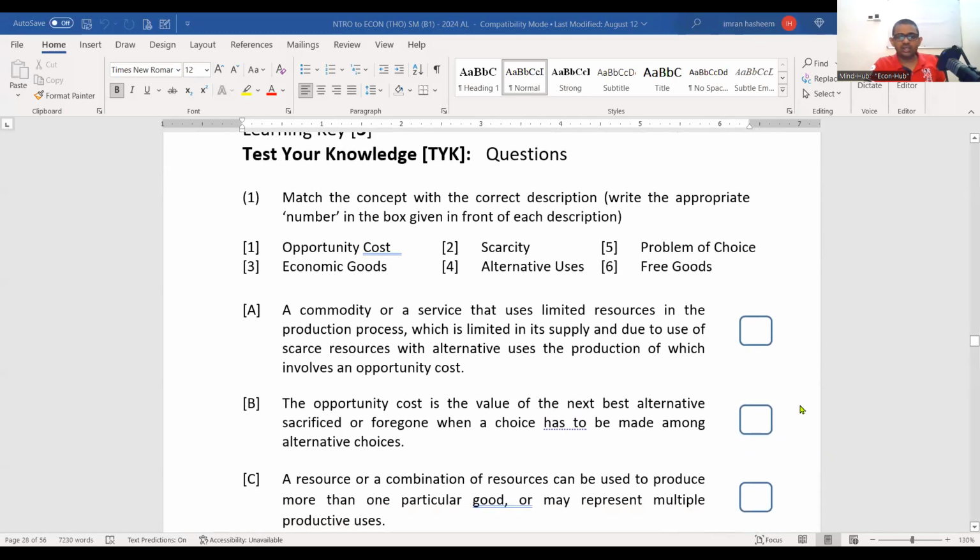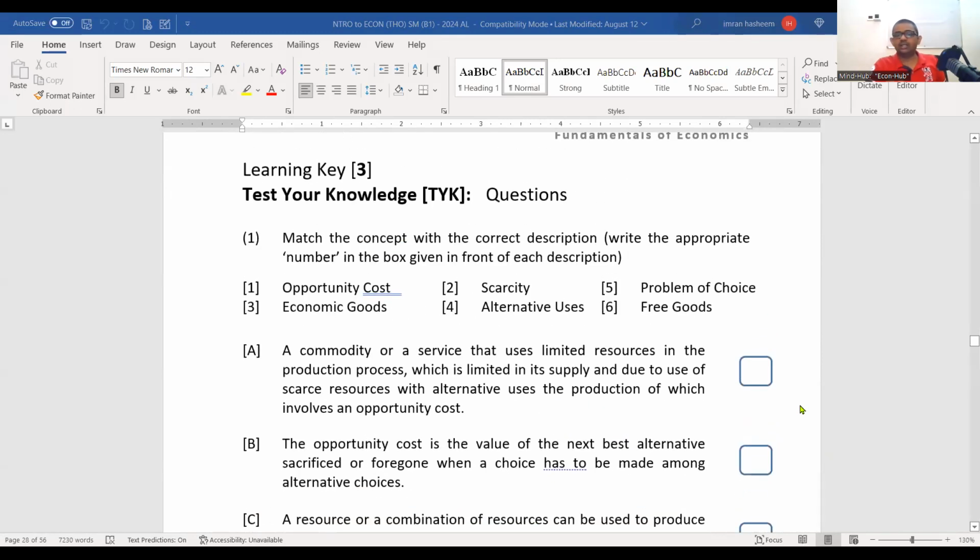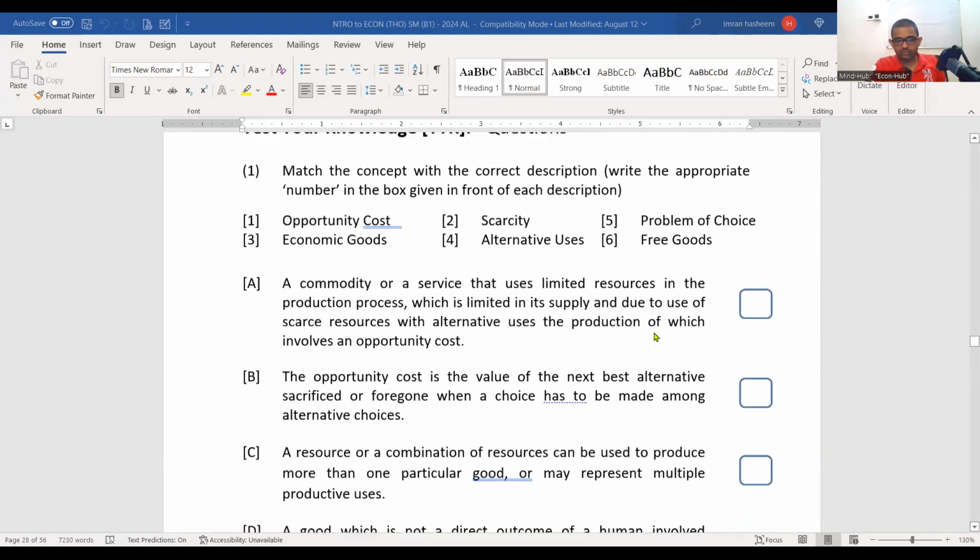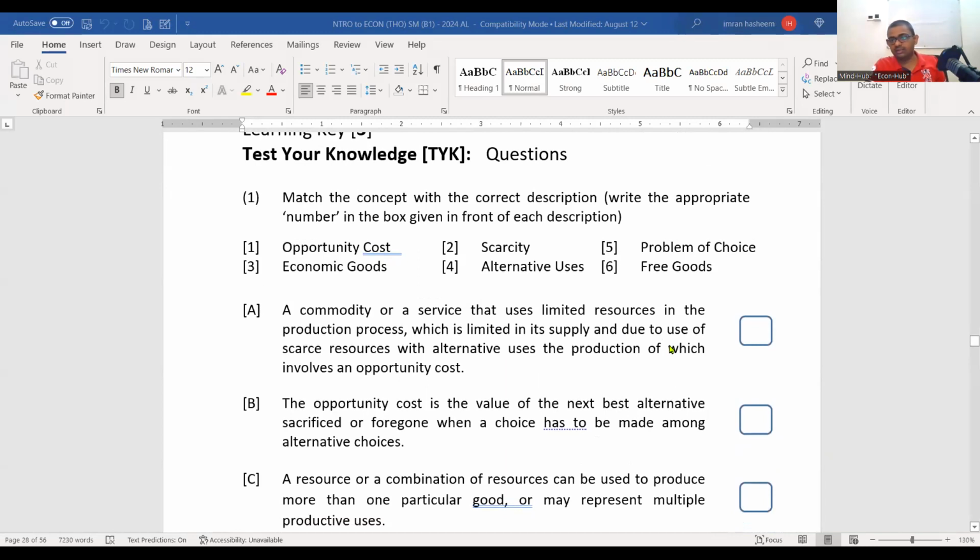Now, the first question, you have to match the concept with the correct description, the definition given, with the number. Of course, one of these I have, due to my human error, robbed the opportunity from you.